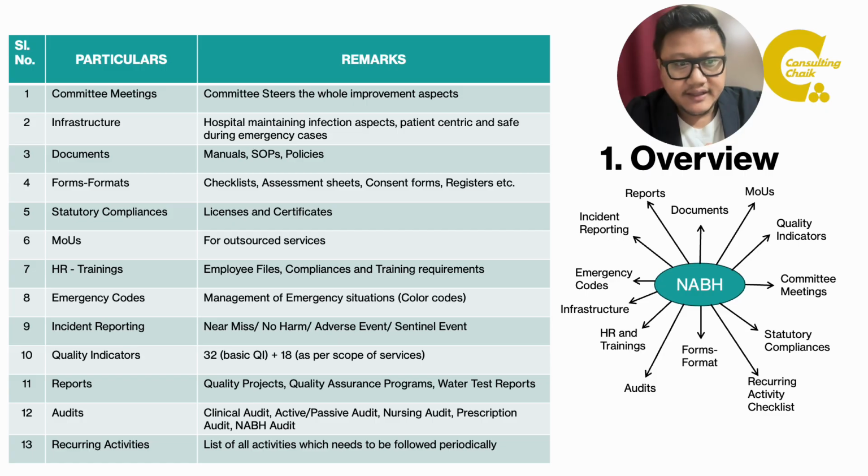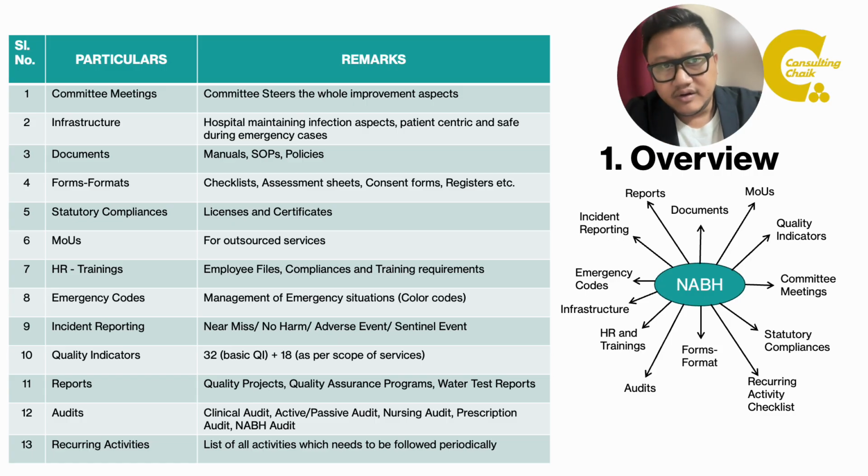Then recurring activity. Recurring activity is something that I've devised. During my years of experience, I found that we would ask the concerned department to do something, and 2 or 3 months later, when we went back, we would see that they were not doing it.